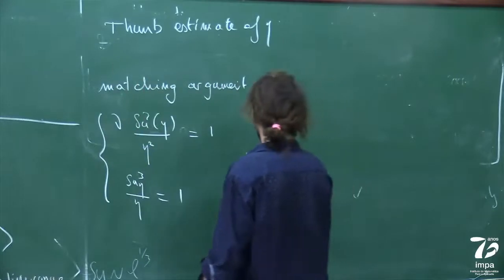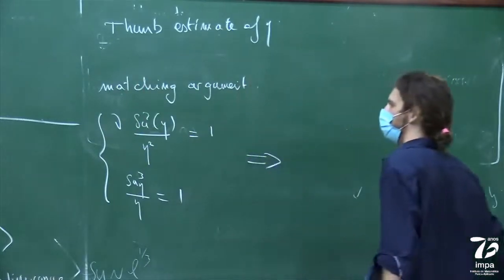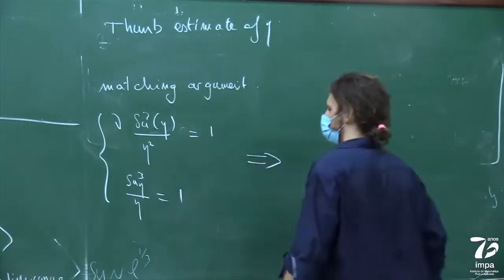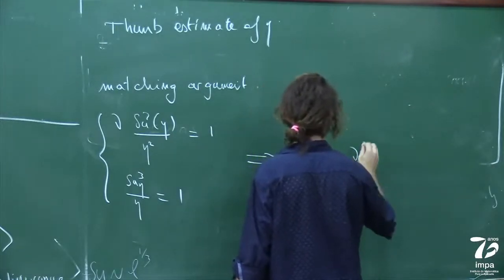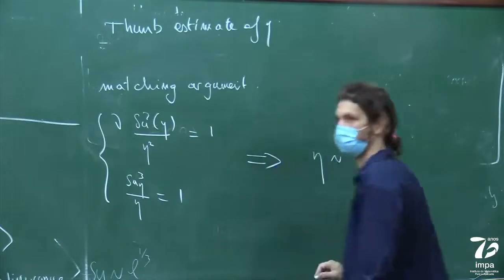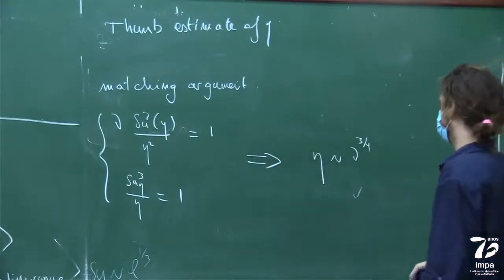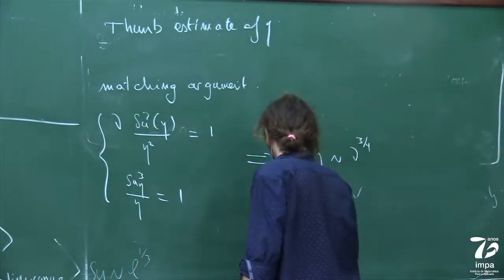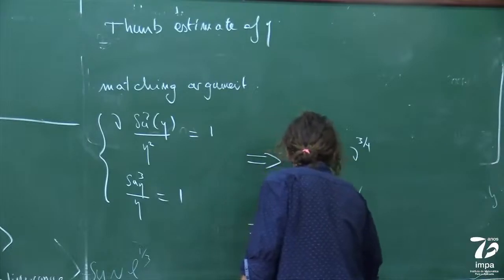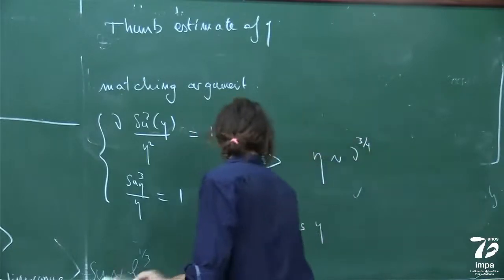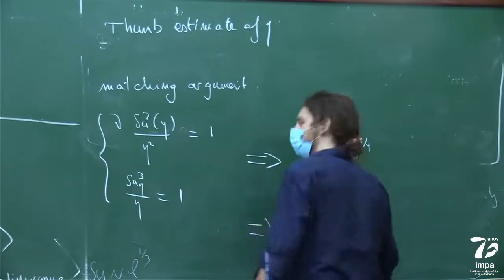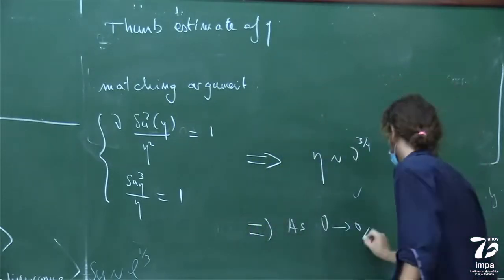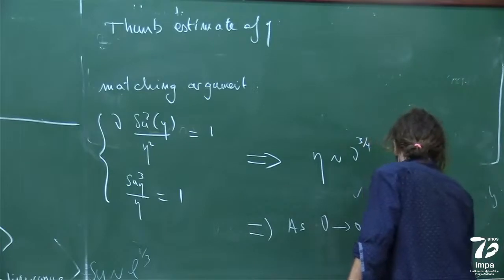And from this, if you multiply by the good power, you get that eta scales as nu to the power 3/4. Okay? So this means that as nu goes to 0, eta goes to 0.